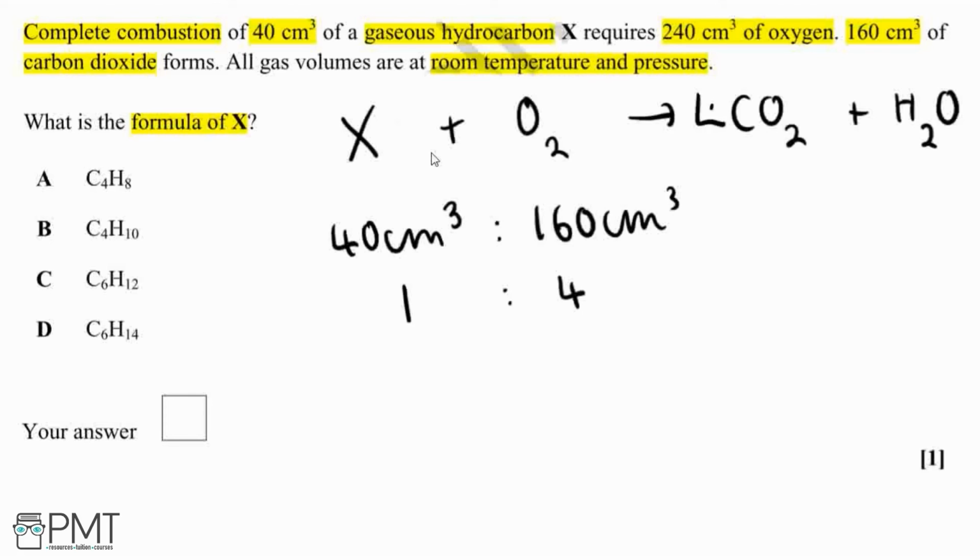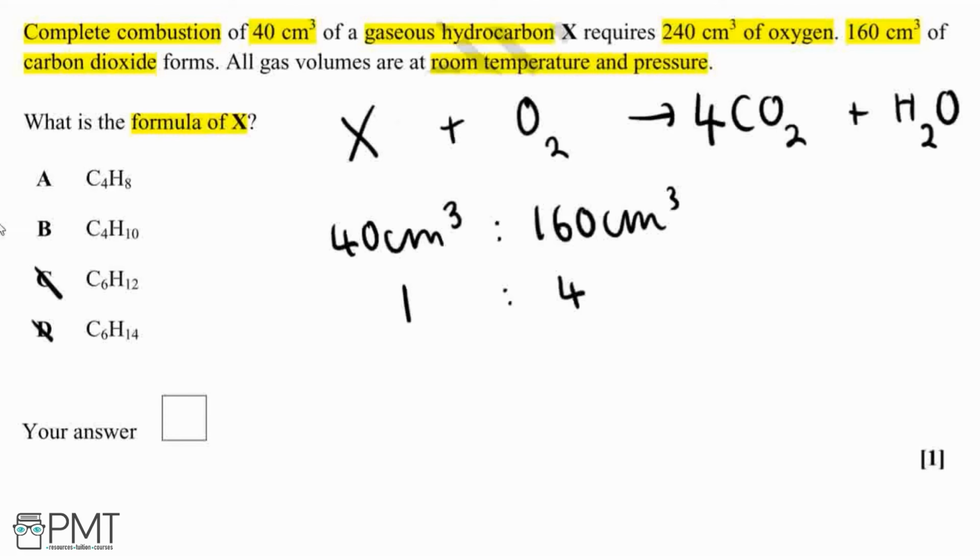Therefore we've got 4 moles of carbon dioxide, and this means that as we've got 4 carbons from that carbon dioxide, our hydrocarbon X will also have to have 4 carbons. Therefore, we can eliminate options C and D, and our answer will have to be either A or B.